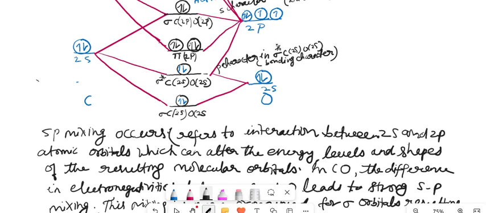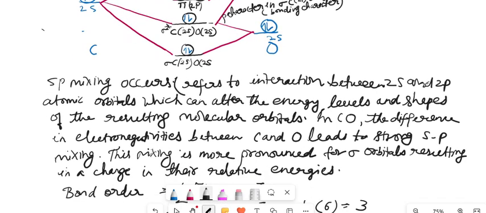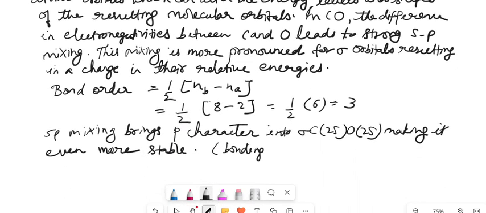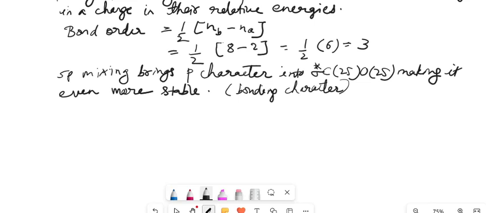Here we will write sigma star, because it is an anti-bonding molecular orbital in which the p character is introduced, and that makes it more stable. The bonding character is introduced into the anti-bonding molecular orbital, sigma star C2s O2s.